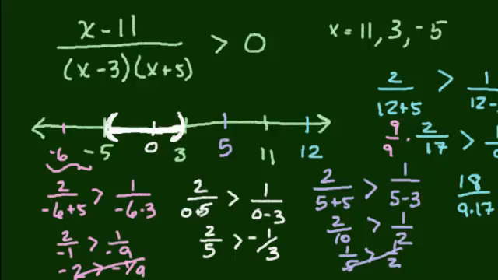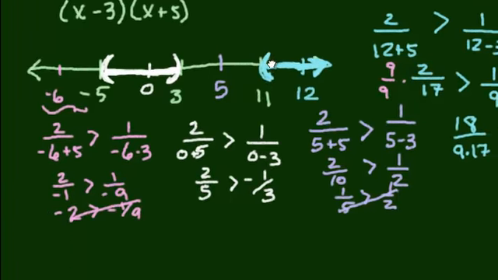Because I still have 9 times 17 over here. So is 18 over 9 times 17 greater than 17 over 9 times 17? Sure is. That means that this entire section works. And I need a curvy bracket.